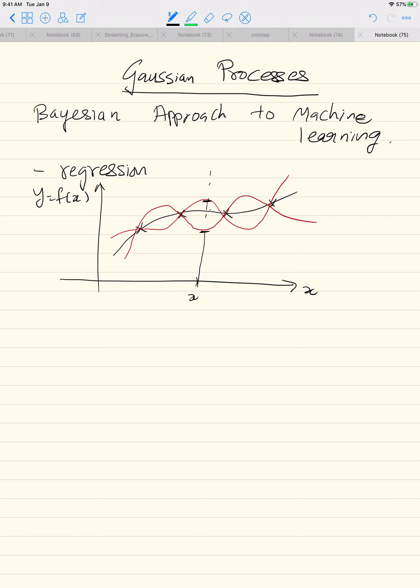So this is a confidence interval. Naturally, at the samples, my confidence level interval should be 0 because I know the ground truth, but outside of that, I get some non-zero confidence intervals.